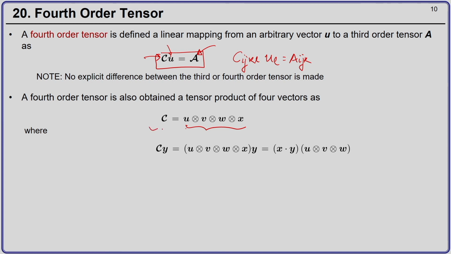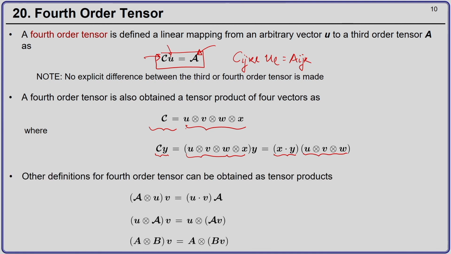This will give you a fourth order tensor C. And when this C operates on a vector, from the definition it should give you a third order tensor. So, u tensor product v, tensor product w, tensor product x operating on y will be x dot y and u tensor product v, tensor product w.